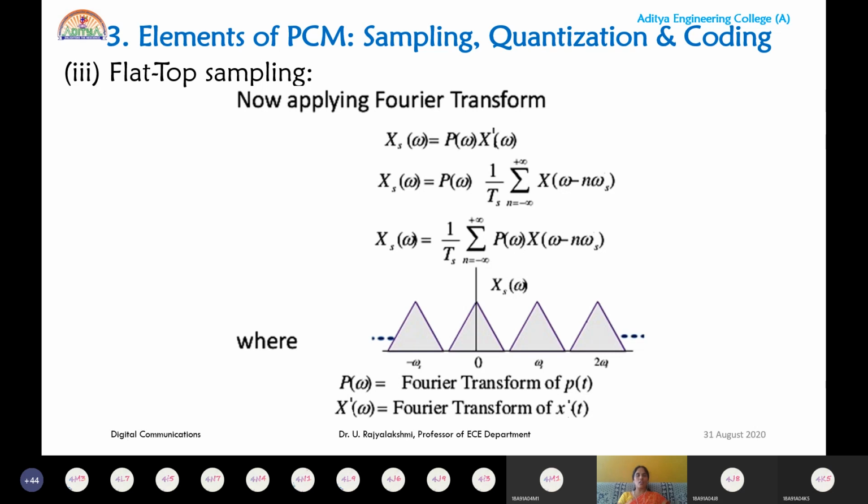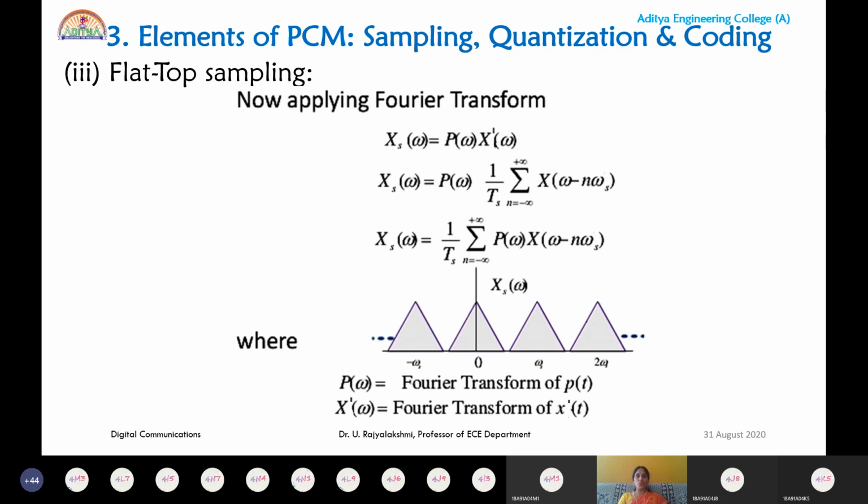It consists of the spectrum at sampling intervals, namely n omega s, where omega s is the angular frequency, which can be represented as 2 pi fs. So at every n fs you will have the spectrum.